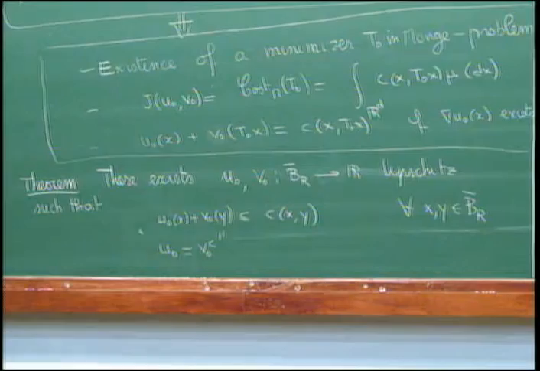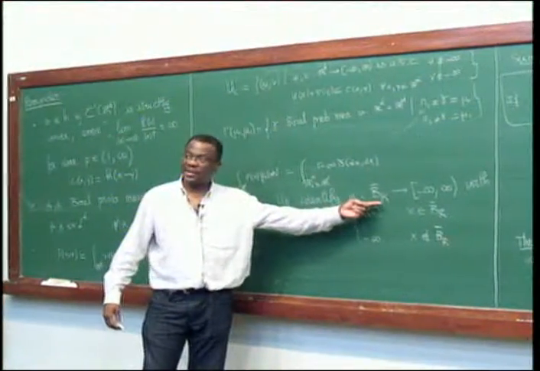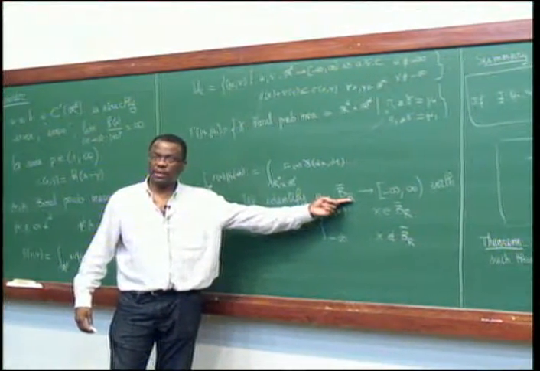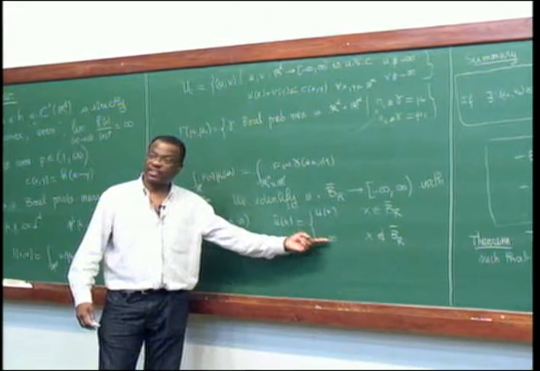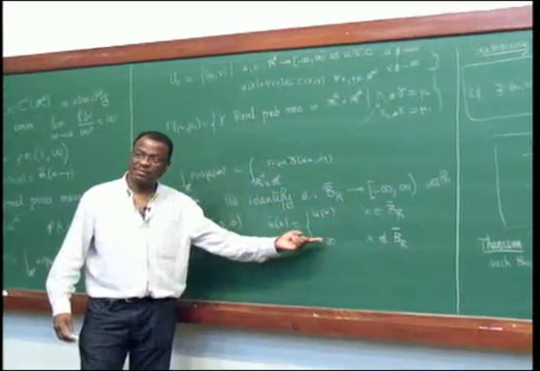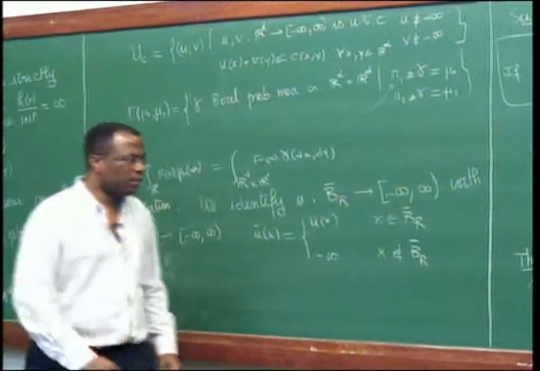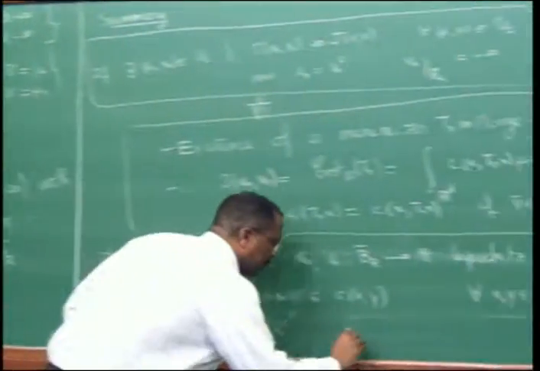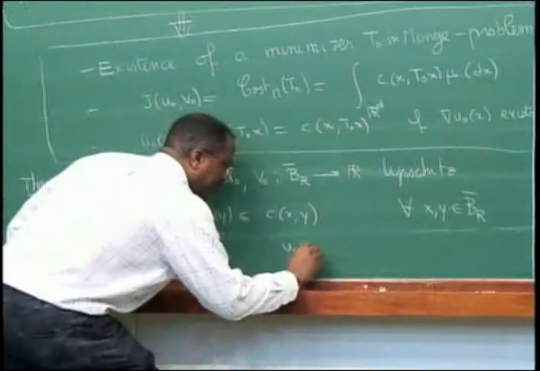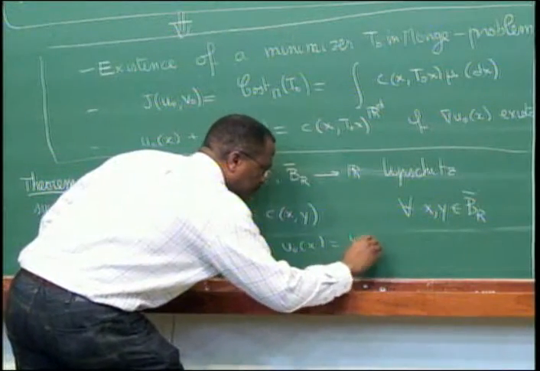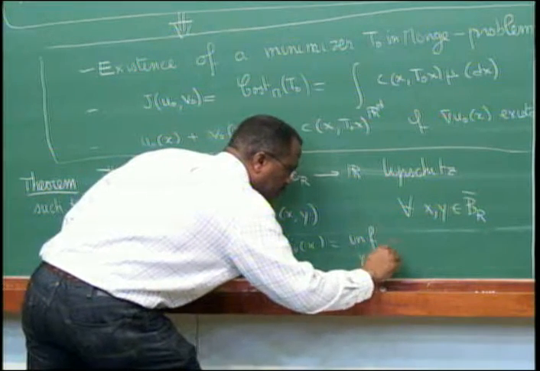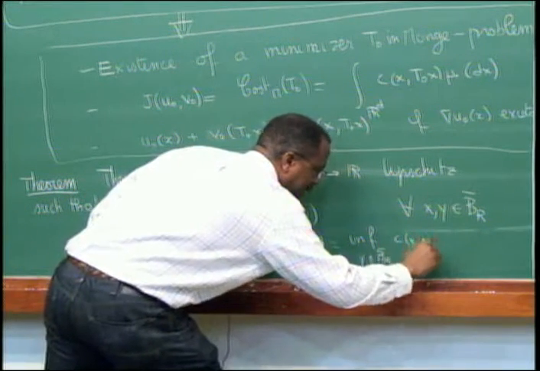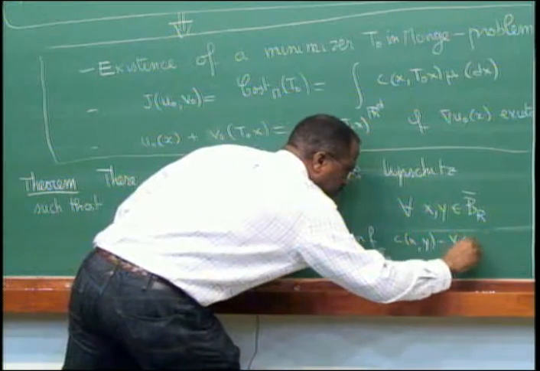And what I said here is whenever I define a function on a ball, I identify it with its extension to R^d by this formula. So in other words, what I am writing here is U naught of x is the infimum over y in the closed ball of C of xy minus V naught of y.